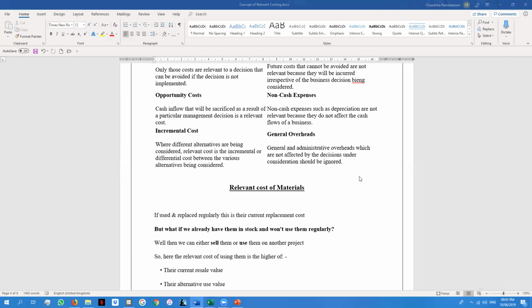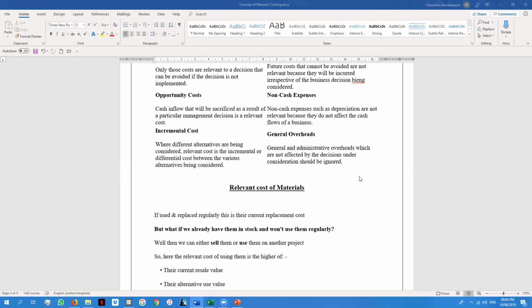So what you are trying to decide upon is what should be the cost and therefore the selling price of the special job. Now, that special job may call for materials which you are using right now. And this is just to give you an example as to what we mean by relevant cost of material, which we look at in more detail in a few minutes.